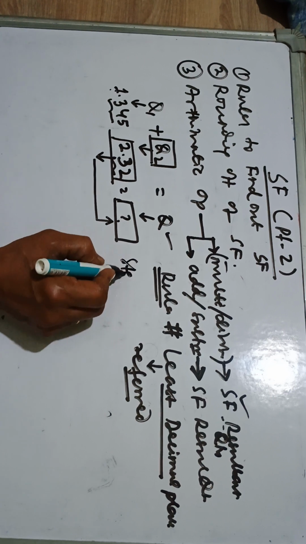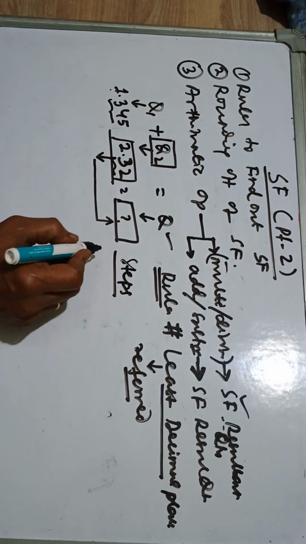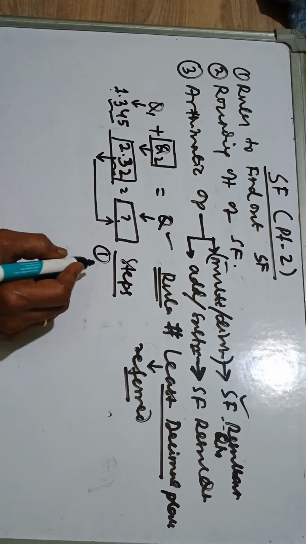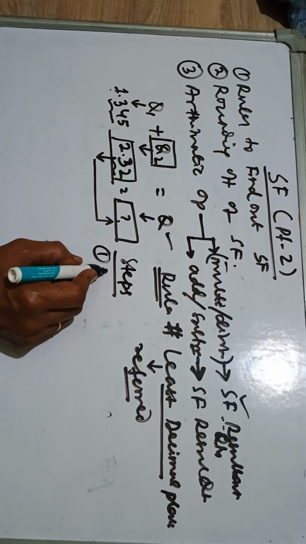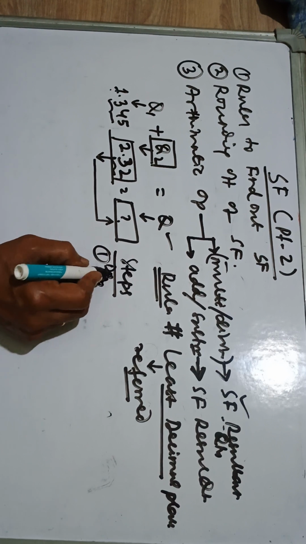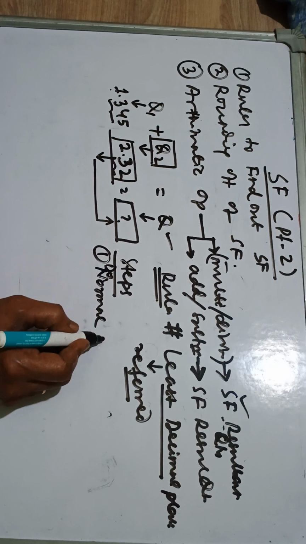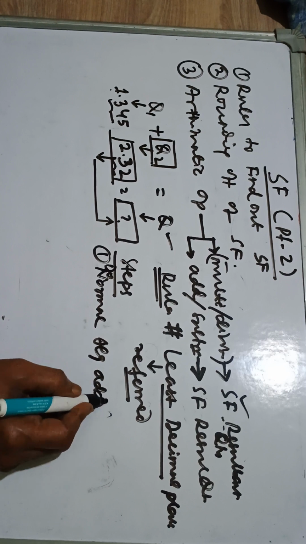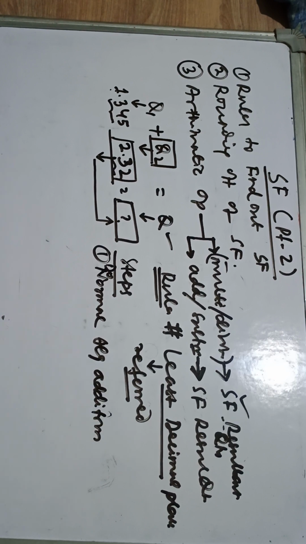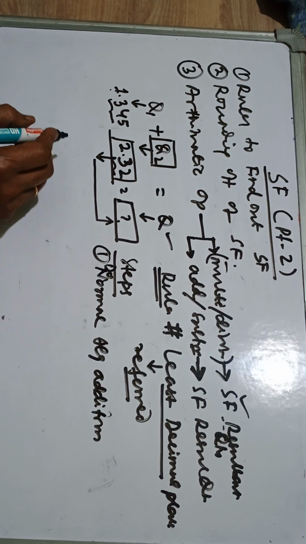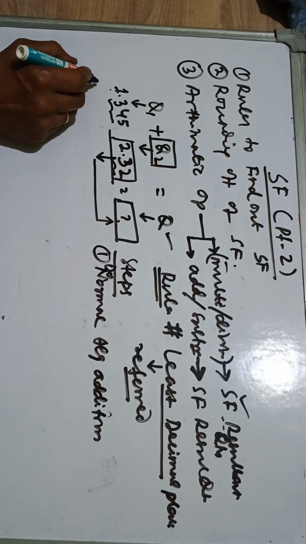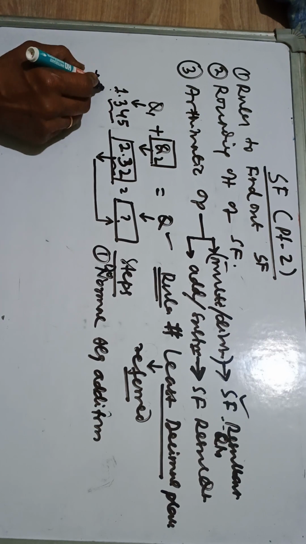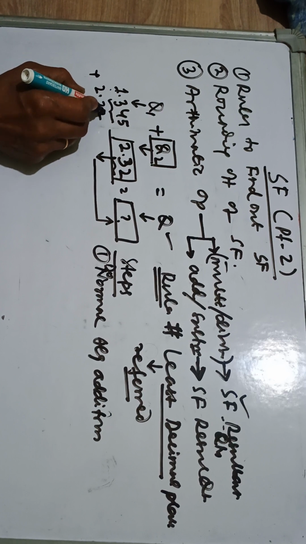Then the steps. One says we'll do normal algebraic addition or subtraction. Then we'll get some value. Let us add here 2.32.